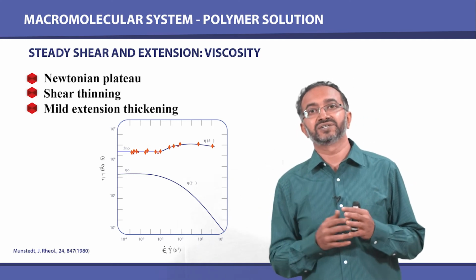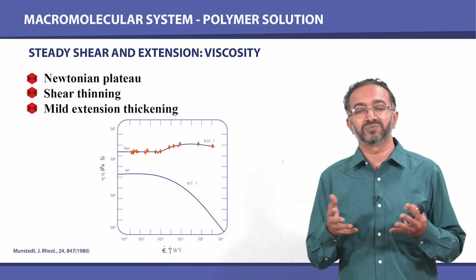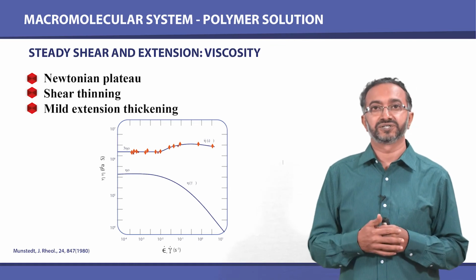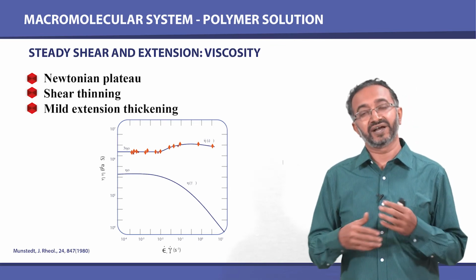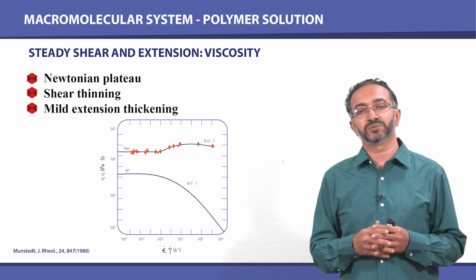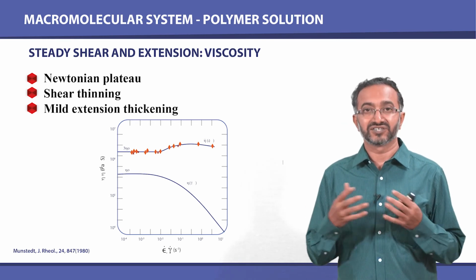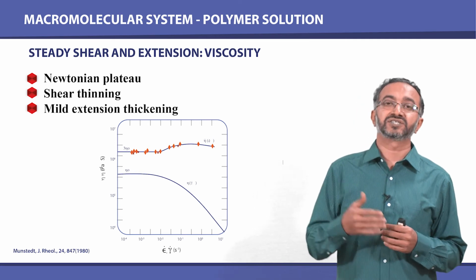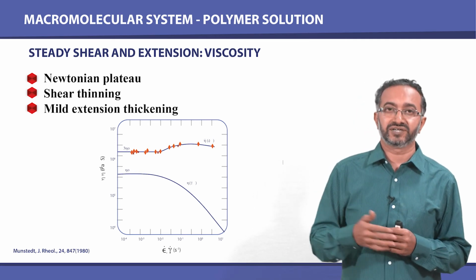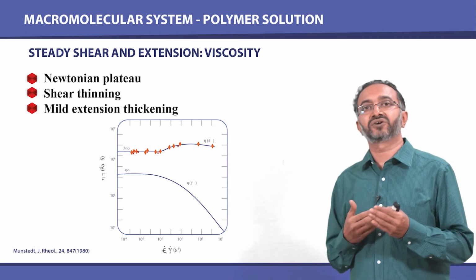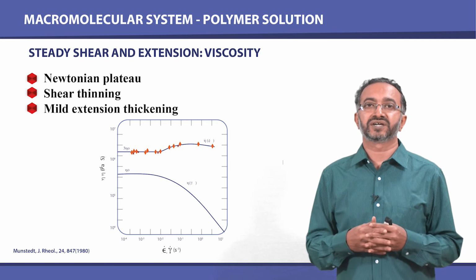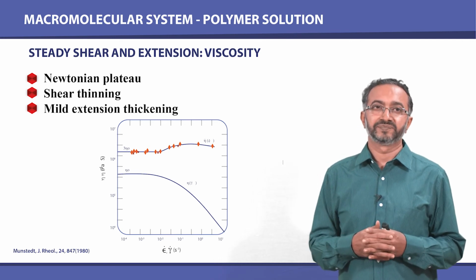In such cases there is no steady state that is observed, and therefore we only look at the stress growth viscosity. While defining nonlinear viscoelastic response, we have already looked at the stress growth in materials. So, in the extensional case also we only look at stress growth, and then we can compare and contrast the response in shear and extension and try to understand what mechanisms are at play.